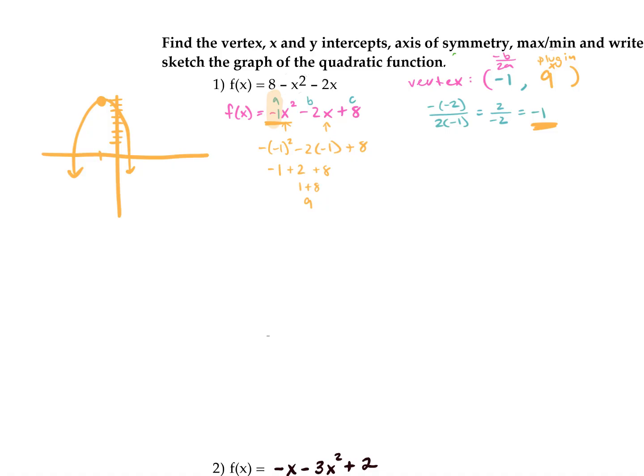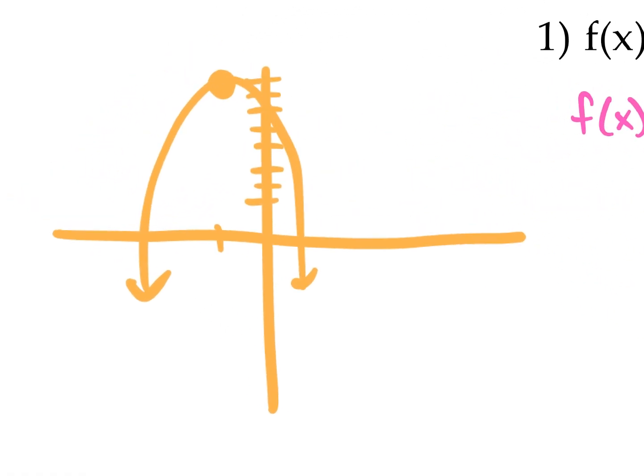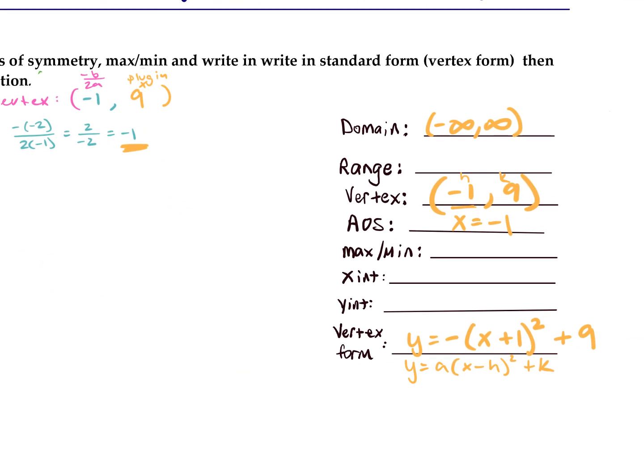So looking at our graph here, what do you think our range would be? Awesome. Negative infinity to 9. Since it goes down, it's going down to negative infinity. So negative infinity to whatever our y value is in our vertex, our k, which is 9. And it's always going to be a closed circle there, so it's a bracket at the 9.